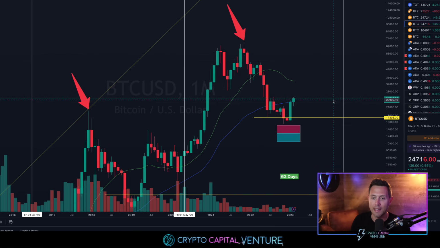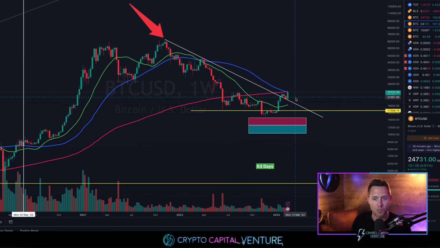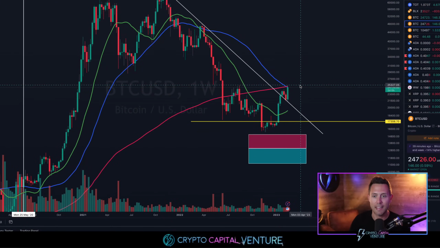Maybe the monthly can't make it through the 50-month moving average in blue. Maybe we can't break this 50-week moving average, which just crossed the 200-week moving average. These are new things that are happening. Maybe Bitcoin does see a bit of resistance. Maybe macroeconomic events this time around are just too much, and we're not going to get that same move. Maybe that does happen. I'm prepared mentally, but I can't help but track this data because it's ridiculous data.